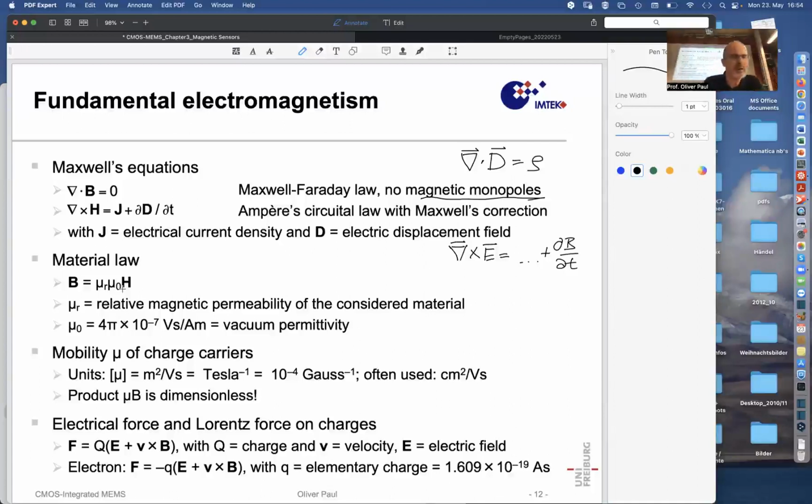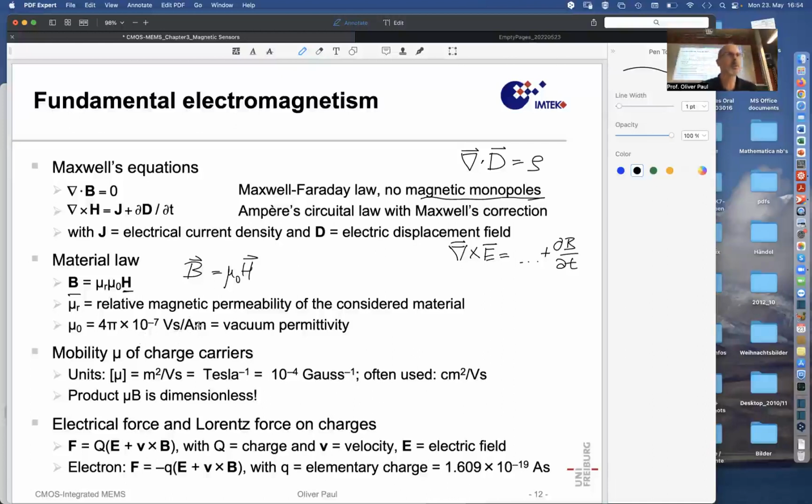And so then these are the naked equations, and then there is a relation between B and H actually, and that depends on material. So in vacuum, B is equal to mu times H, mu 0, where mu 0 is the vacuum permeability, 4 pi times 10 to the minus 7 volt second per ampere meter.